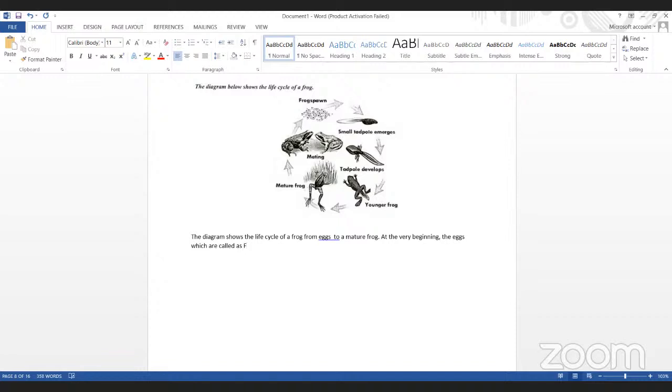That is the answer to give. Frogspawn, right? Frogspawn are floated on the water, right, on the water.